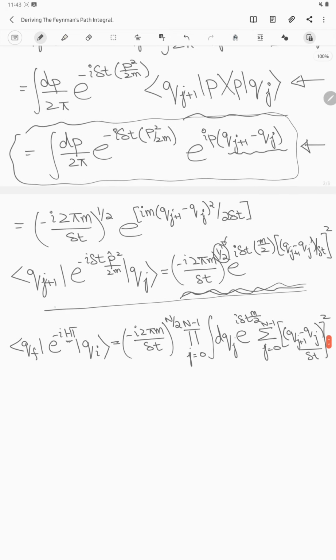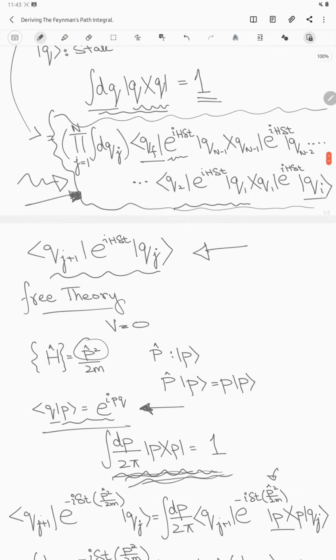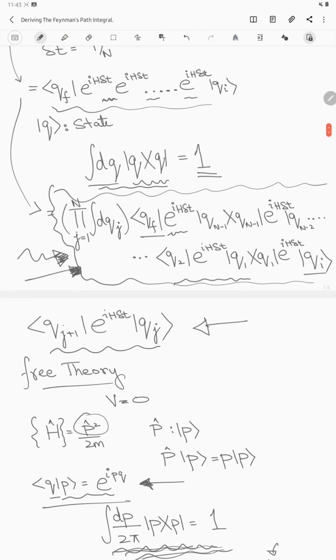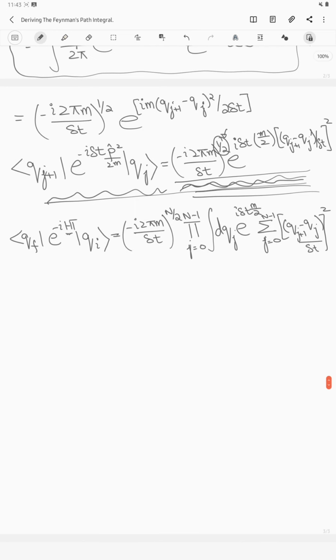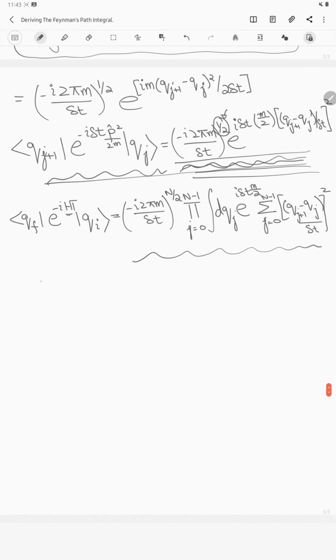All I have done here is take the thing I just evaluated and substitute it into the expression over here. Now if you carefully look at the right hand side, q_0 is the initial state q_i, and the last one, q_n, is my final state q_f, for obvious reasons. With this, we are ready to go to the continuum limit.